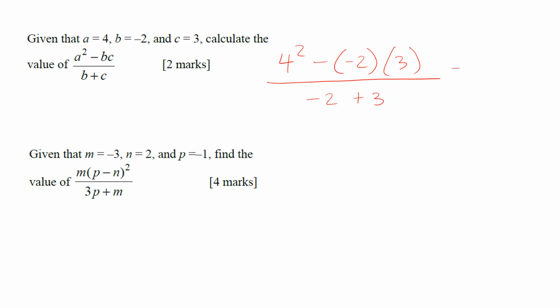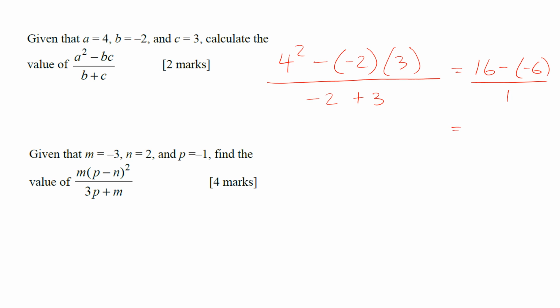All right, let's simplify this right here. So it's 4 squared, which is 16. And then let's multiply the two brackets first. So put back our minus. So that would be negative 2 times 3. That will give us negative 6. And that will be all over minus 2 plus 3, which is equal to a positive 1. Again, our denominator right here is just 1.